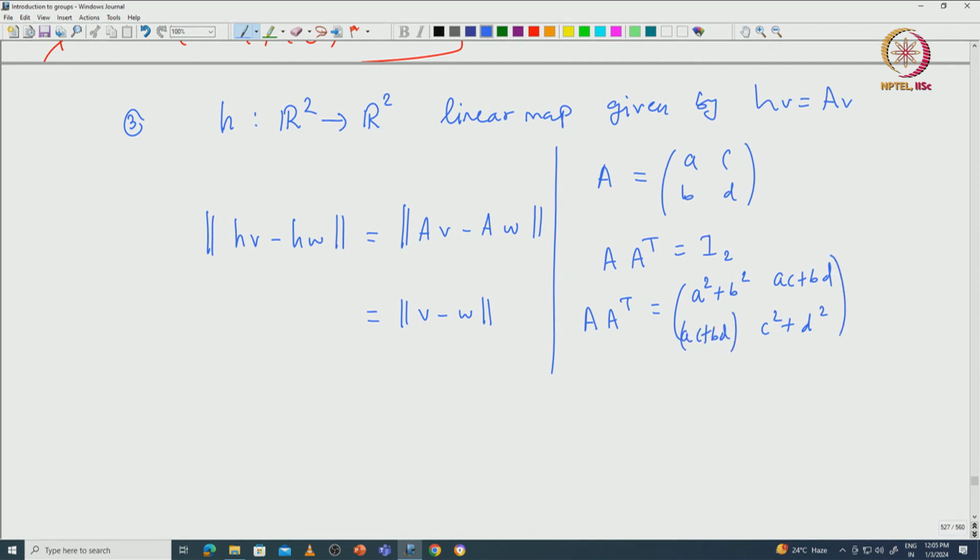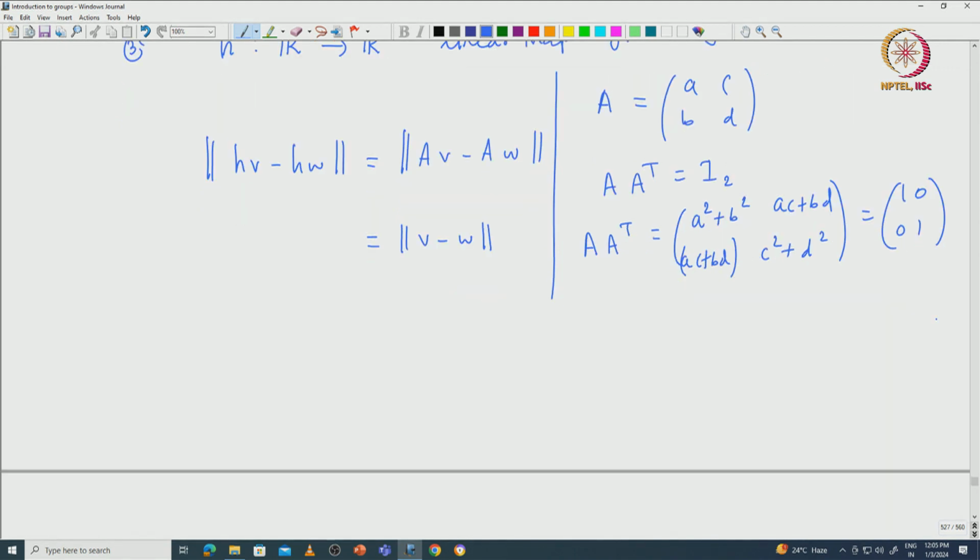So, this is going to be identity 1 0 0 1. So, now let us just use that and see that it is enough to, because all these numbers are non-negative numbers, it is enough to prove the square is the same. But if you take the square, then what do you get? AV minus AW square is going to be the inner product, the inner product of AV minus AW dot AV minus AW.